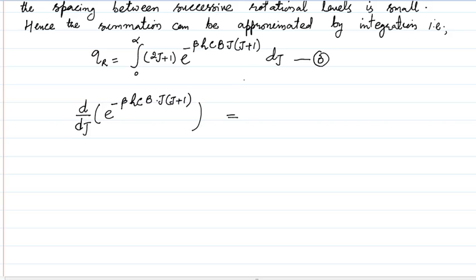So this can be simplified. Here we will simply multiply the j to this one and this one. So we can write this as d upon dj of e raised to the power minus beta h c B into j squared plus j.